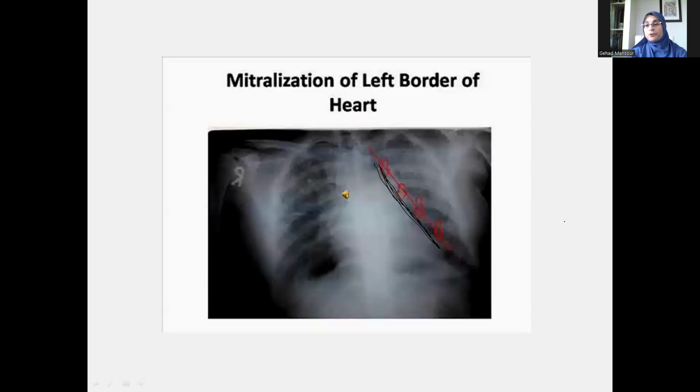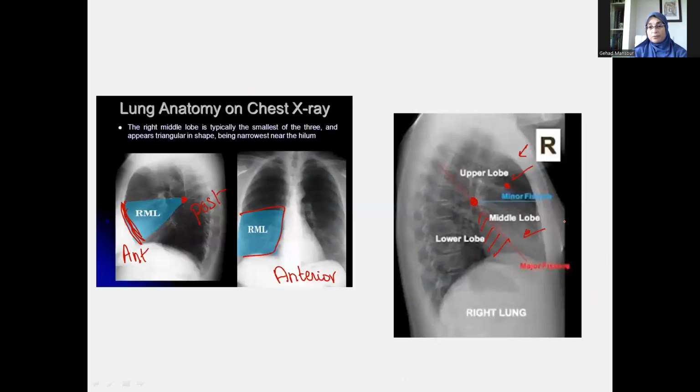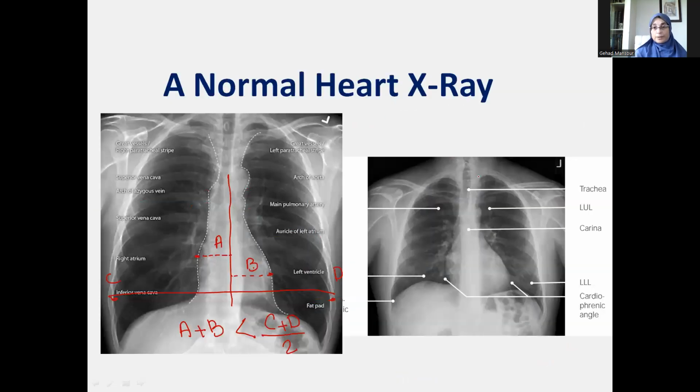Mitralization of the left border of the heart is an X-ray finding, and this simply means that, if you look here, for example, you will find that this is the left atrium and this is the left ventricle, and here we have a concavity between the auricle of the left atrium and the left ventricle.